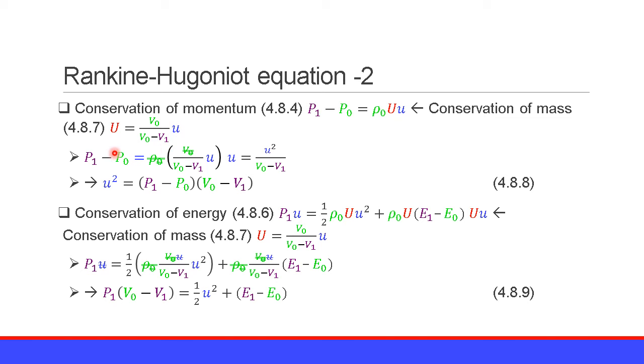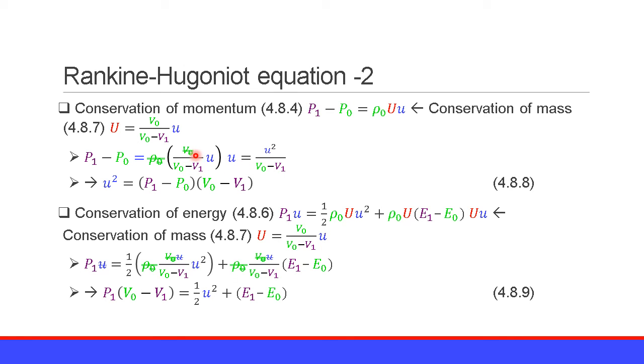Then P1 minus P0, the pressure difference before and after shock, is equal to rho 0 times V0 over V0 minus V1 times u times u.